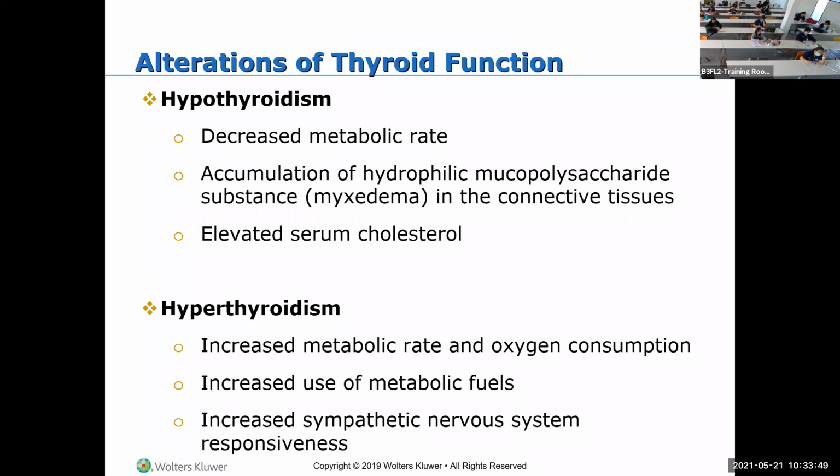Now, the conditions over here, hypothyroidism and hyperthyroidism. Please remember all the features of a patient with hypothyroidism. The normal function of the thyroid hormone is metabolism. That's a normal function. Now look at that one.